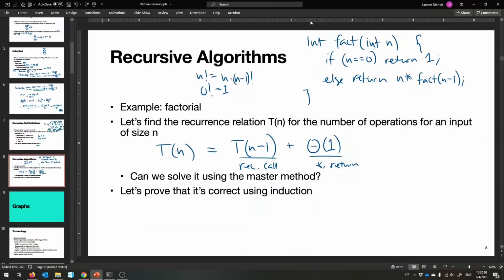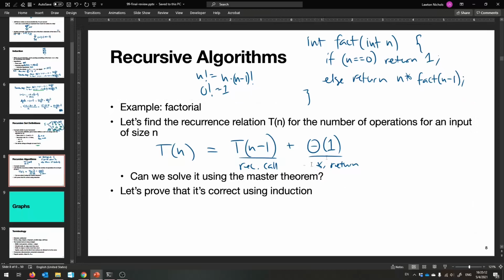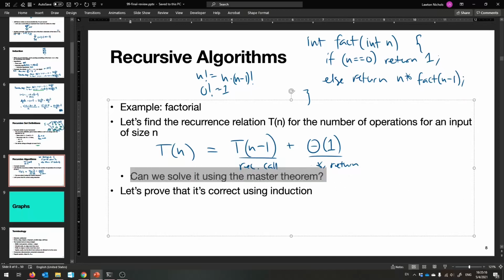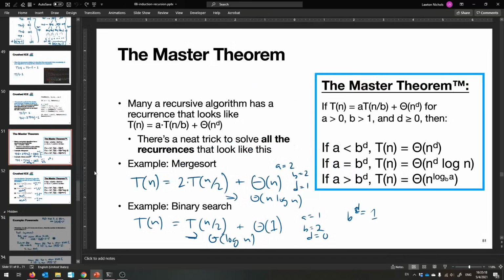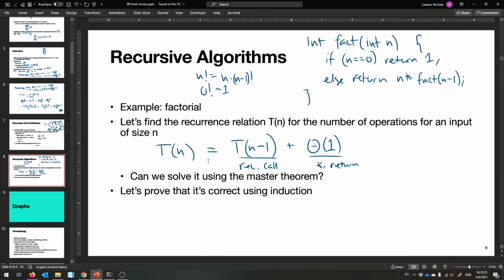So master theorem, or it's also called master method. Let's just keep it as theorem, so that your book is not lying to you, but you can say either. You can't solve it with the master theorem because it's more for divide and conquer algorithms, ones that divide their work into pieces. So that doesn't apply, unfortunately, but you can just make a tree.